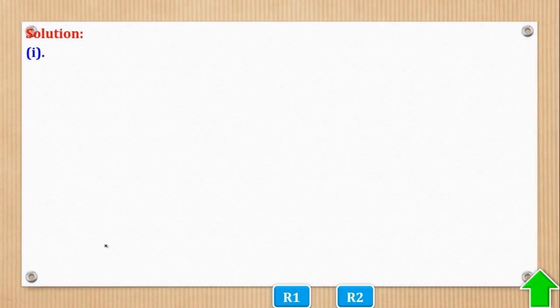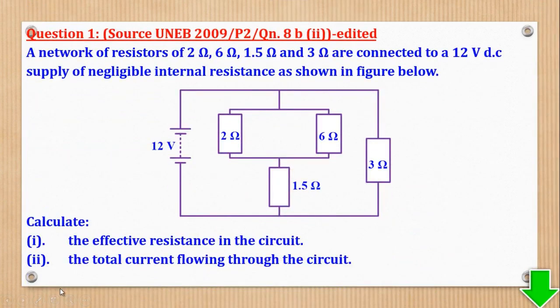So first of all, you need to know which resistors are in parallel and which ones are in series. Remember current flows from the positive terminal through all the resistors up to the negative terminal. So at this point, current divides. One goes this side, another goes this side. Then at this point, current divides again, one goes this side, one goes this side.